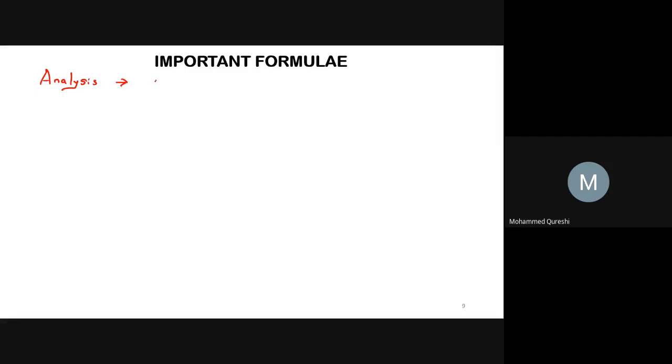In analysis portion, the cross section of the beam and steel will be given to us, and we have to calculate the depth of neutral axis, that is Xu, and Mu.